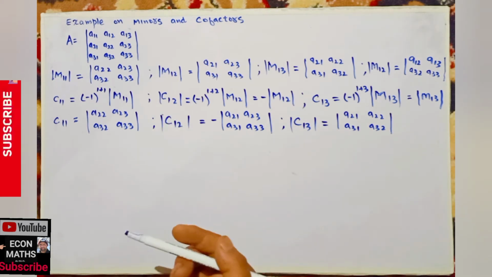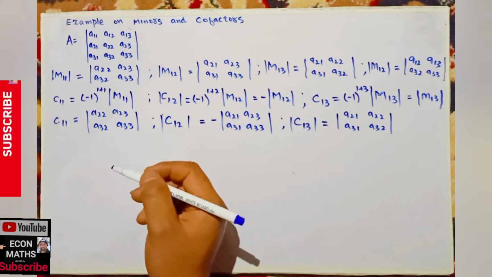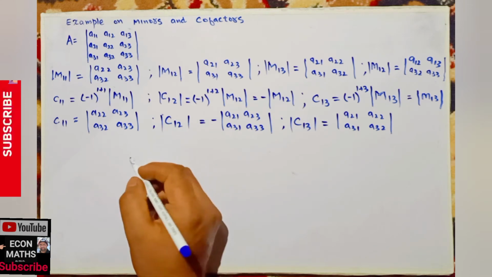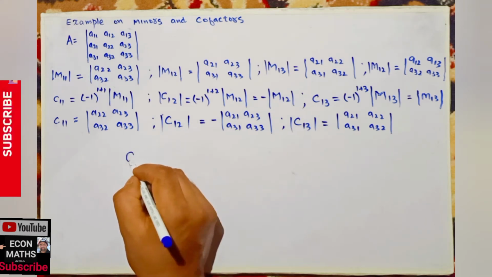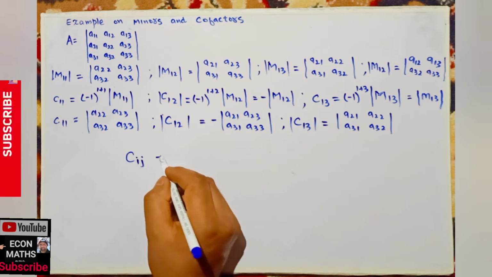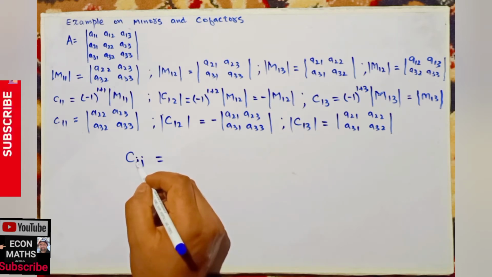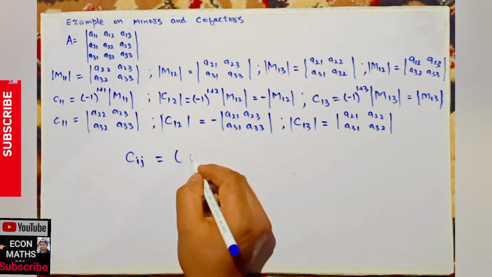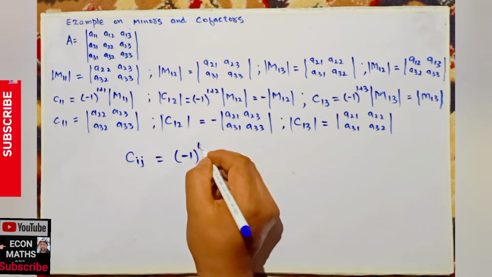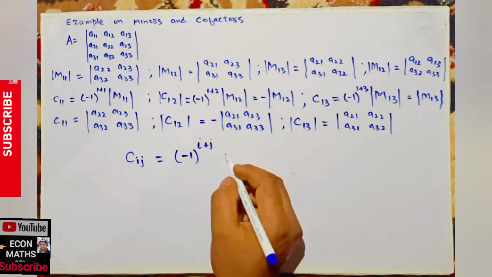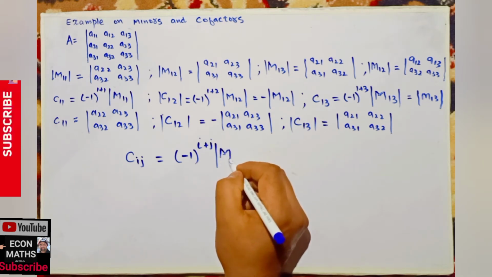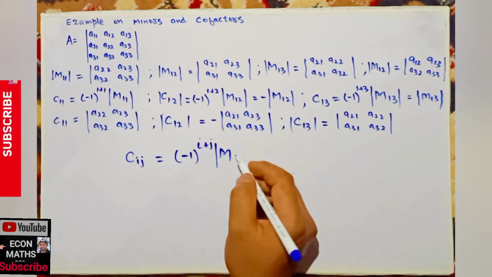So the general formula for the sign of the cofactor is, if we are given Cij, meaning the cofactor at the ith row and jth column, it is equal to minus 1 raised to the power of the addition of the subscripts, that is i plus j, multiplied by the corresponding minor, that is Mij.